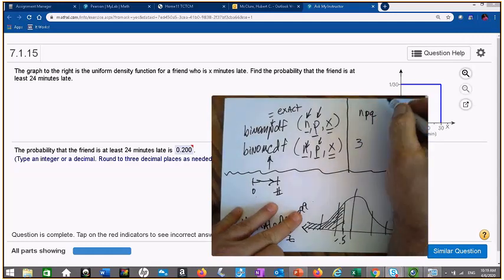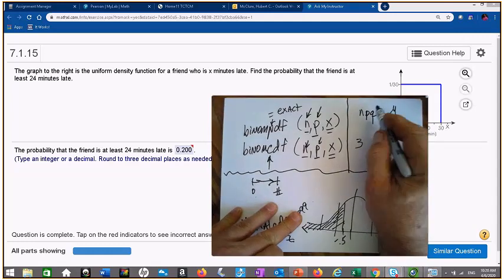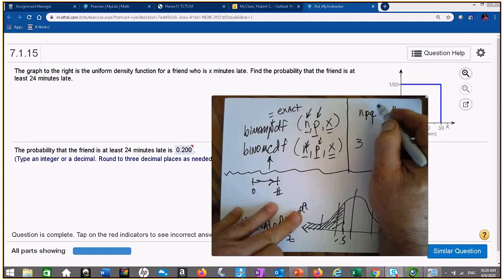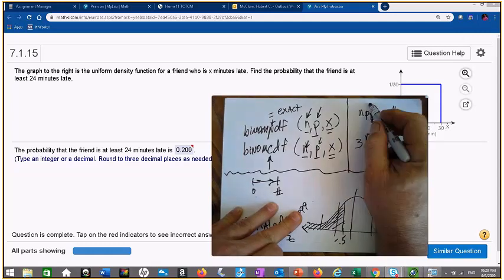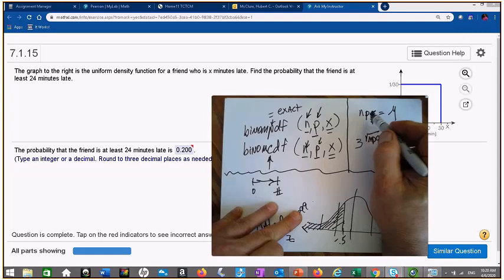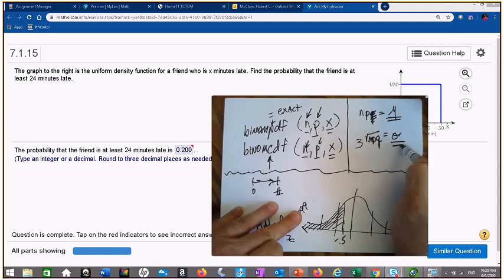Well, NP is equal to the mean, and the square root of NPQ is equal to what? Standard deviation. These questions will say, find the mean and the standard deviation.